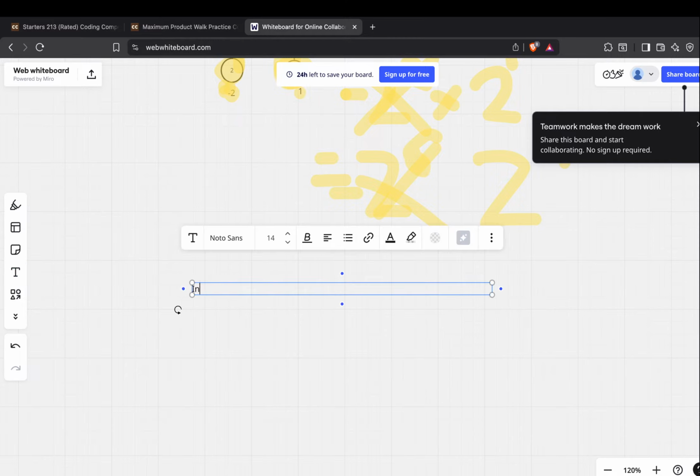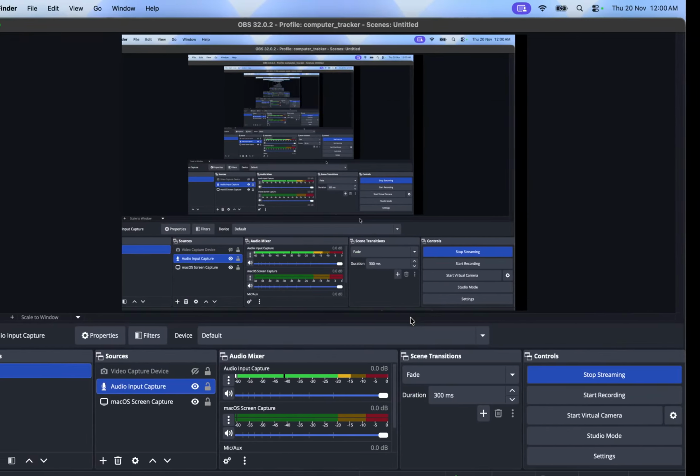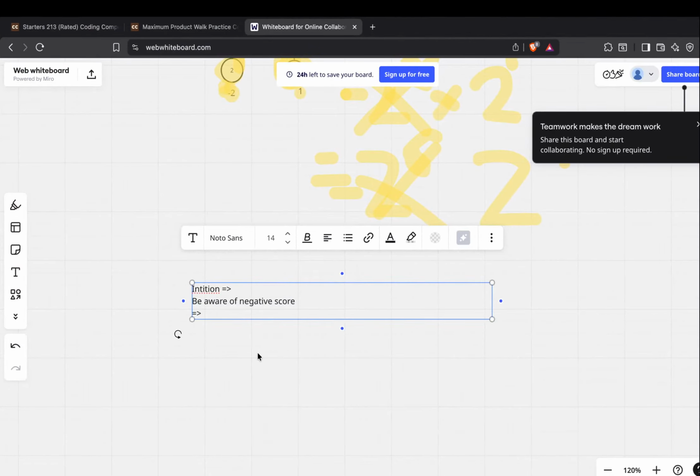Intuition is we need to be aware of negative score, because zero score is always better than negative scores. Okay, so how can we make sure that our score is positive? Score is positive if there are even negative nodes in our path.